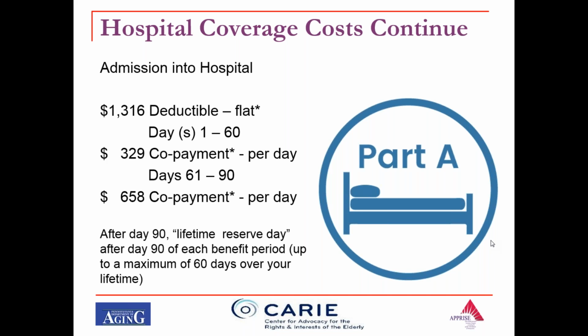Unfortunately, some folks could potentially have long-term hospitalizations, and these are some of the costs if they just had that red, white, and blue card and a prescription card. Again, to emphasize, this is just if you have your red, white, and blue card and a prescription drug plan.